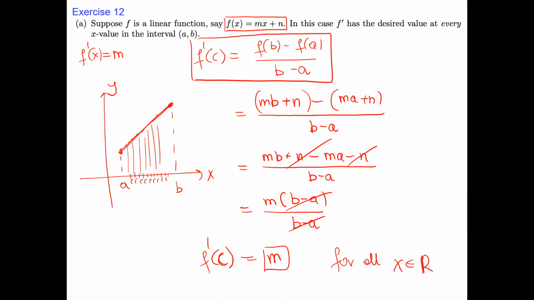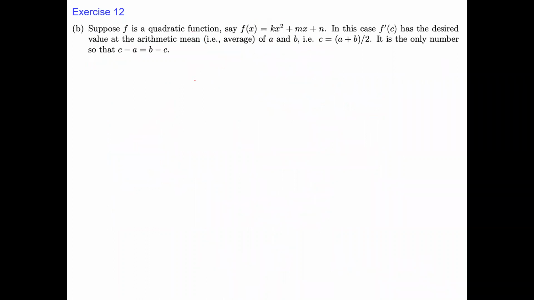Now let's look at part B. Suppose f is a quadratic function, kx squared plus mx plus n. In this case, f prime of c has the desired value at the arithmetic mean, the average, of a and b, which is a plus b over 2.